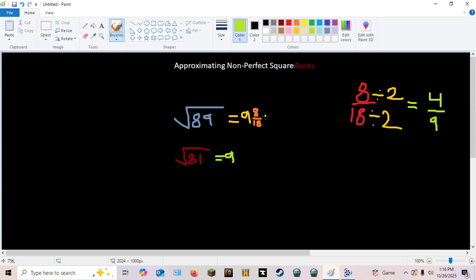You can leave it like that if you want, but we need to get its decimal value. So 4 divided by 9.